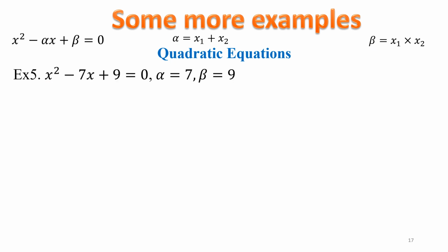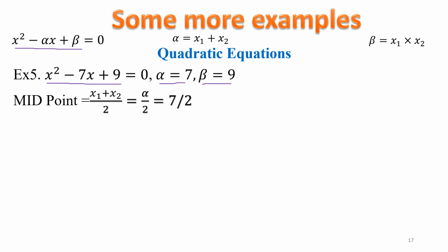Now fifth example, I have randomly picked up an equation x squared minus 7x plus 9. So here you can again compare with our standard equation and identify alpha is equal to 7, beta is equal to 9. Now midpoint will be x1 plus x2 by 2, where we know alpha, we are replacing x1 plus x2 by alpha, and we'll be exploring later on beta is equal to x1 into x2.